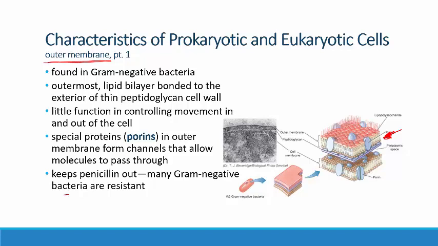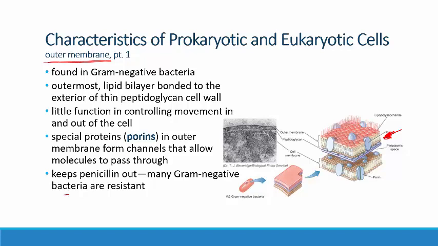And unlike the cell membrane, the outer membrane has very little function in controlling movement of materials into or out of the cell. But it does have special proteins, called porins, in that outer membrane that produce channels that allow molecules to pass through the outer membrane very easily.